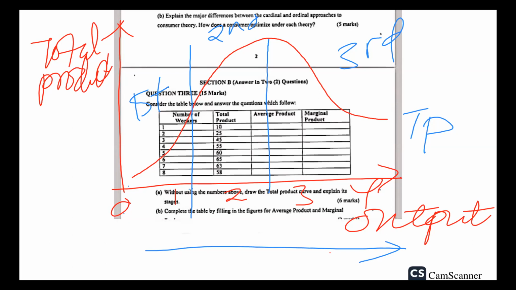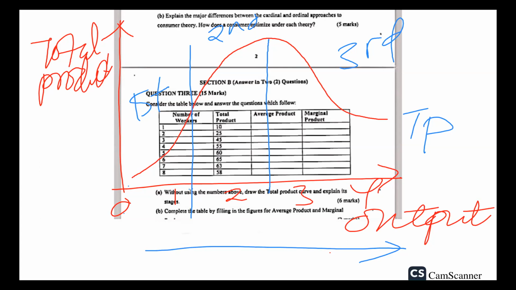When you are starting the business, there are a lot of costs you have to incur. The output may be increasing, but the production might not be increasing at a faster rate, because at this stage you have a lot of cost to incur as you are starting the business. Is that okay? That's the first stage.